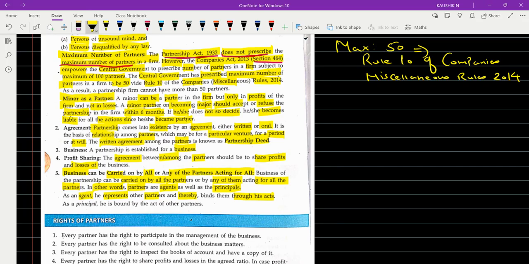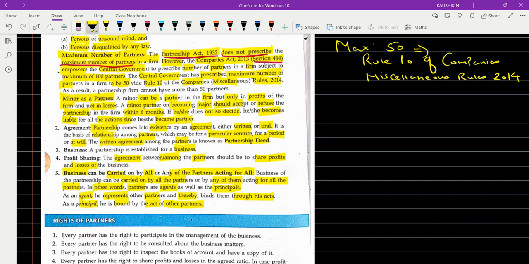And as a principal, it is very clear he is bound by the act of other partners. So as a principal, you are responsible and accountable for the acts of other partners.